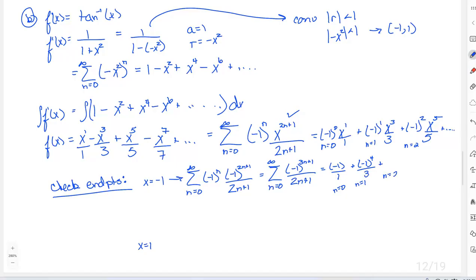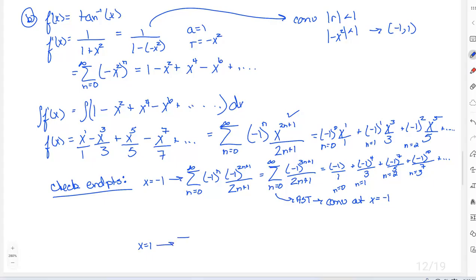When I plug in n equals 2, I'm going to have -1 to the seventh over 5. So the signs are bouncing back and forth. And we'll do one more. So I'm going to have -1 to the 10th over 7. So I'm going negative, positive, negative, positive. So this guy, we could use the alternating series test on it, and we would see that this is going to converge at x equals -1.